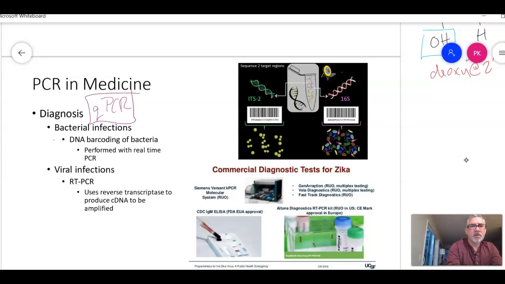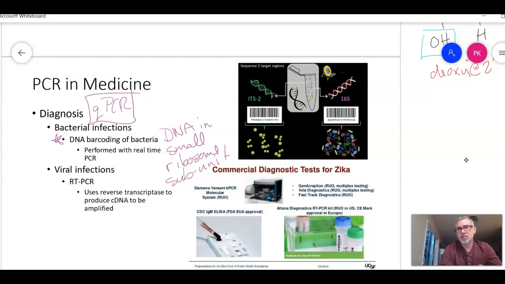For bacterial infections, we do what's called DNA barcoding, and we look at the DNA in the small ribosomal subunit. So they're all slightly different, right? But we can tell the different bacteria, and the reason why that's important is certain antibiotic-resistant bacteria will have a different DNA profile than ones that are susceptible to antibiotics.